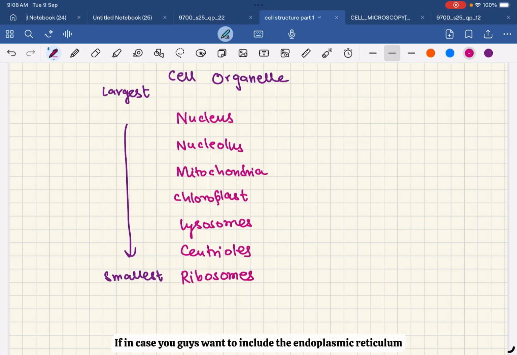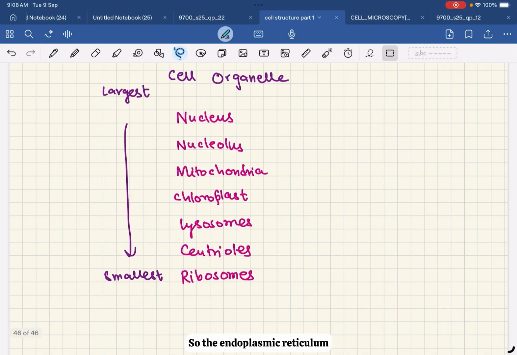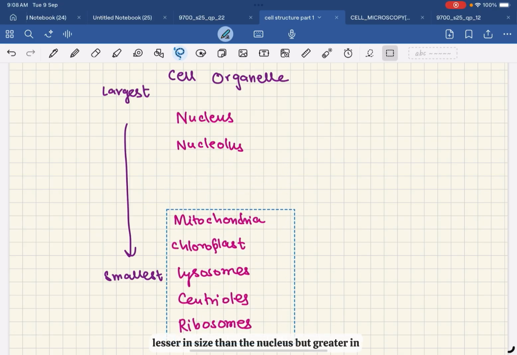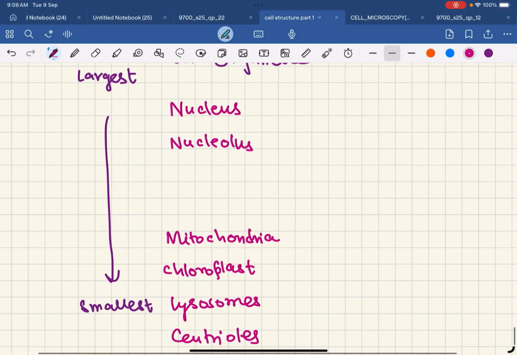If you want to include the endoplasmic reticulum and the Golgi apparatus over here as well, both are lesser in size than the nucleolus but greater in size than the mitochondria, right?